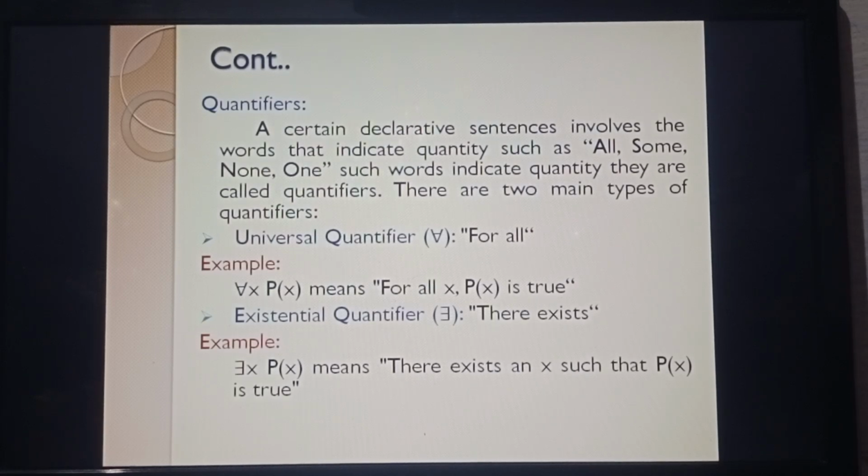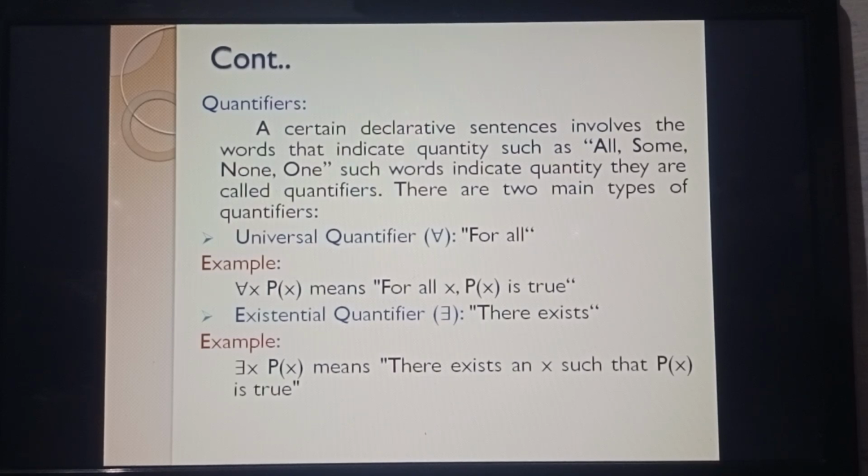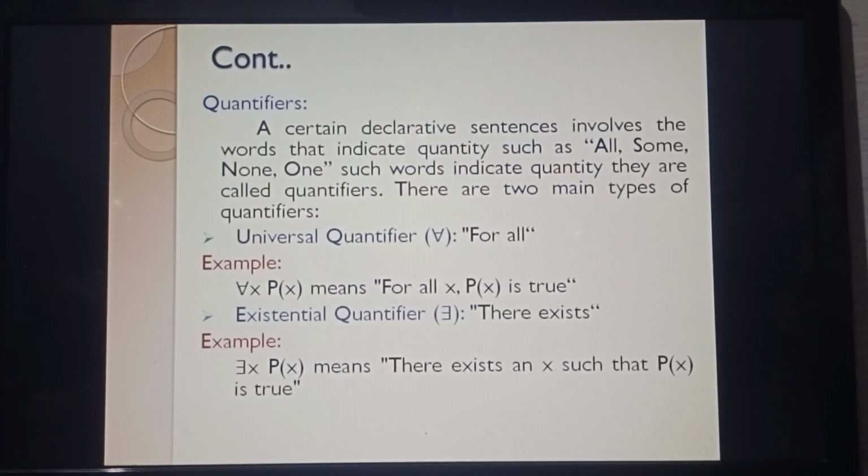For example, boys are good is a statement. All boys are good is a quantifier because all is mentioned as quantity. Some boys are good is also a quantifier. Some is mentioned as quantity. In this way, an example is for all x, P of x, meaning for all x, P of x is true.